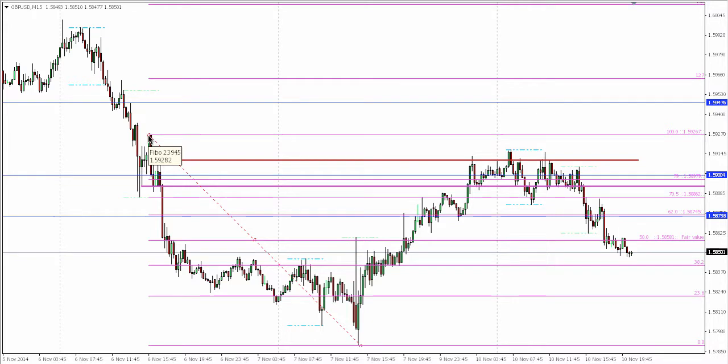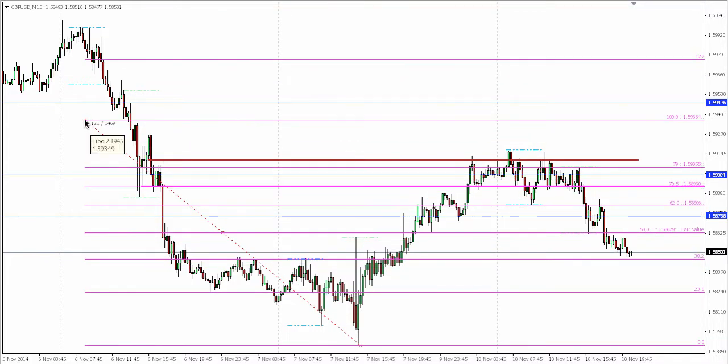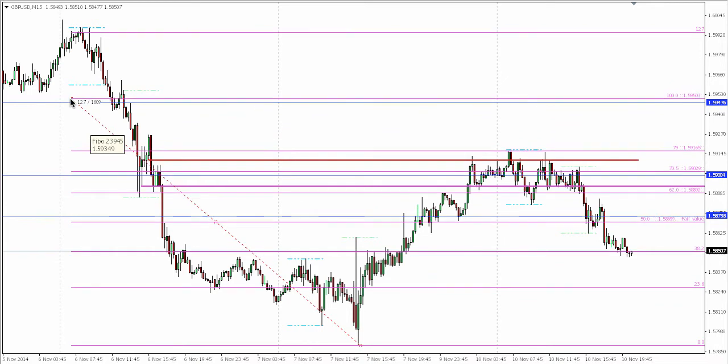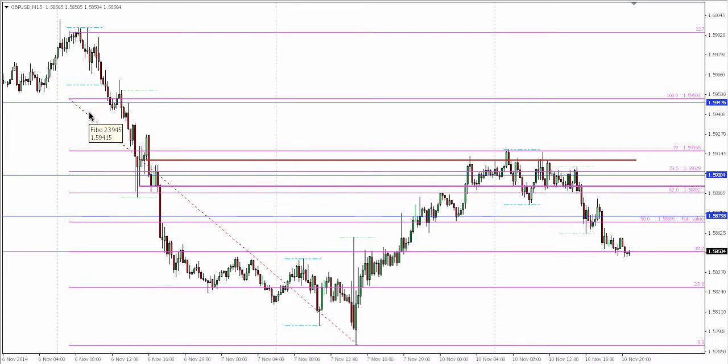But anyways, price defended the 50 level. Price made it to the 50 round number, and the fib came in through a hidden 50 round number.